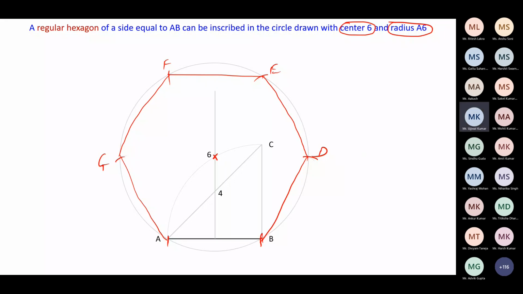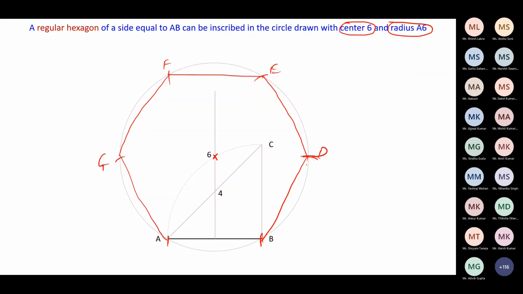Now, sir, how did we mark these points? Like, I think first from A and then C and then this type, sir. Yes, yes. What we do? First of all, take the distance AB in the compass. One point at B, and with the other point, the pencil, we mark here.